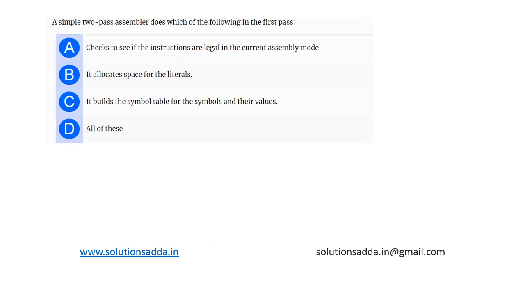This is a question from compiler design. A simple two-pass assembler does which of the following in the first pass? In a two-pass assembler, in the first pass, the tasks that are performed include: check to see if the instruction is legal in the current assembly mode. Then address resolution is done.